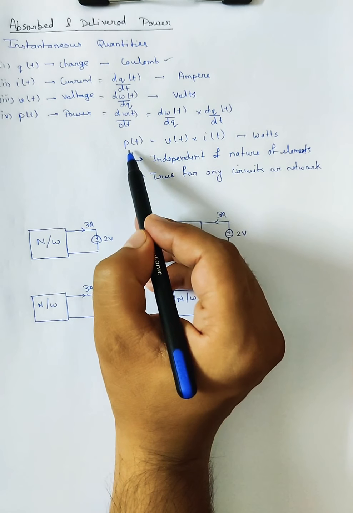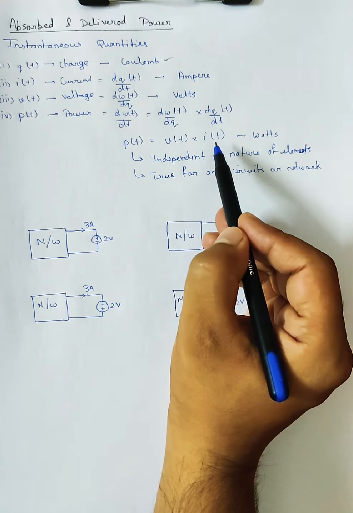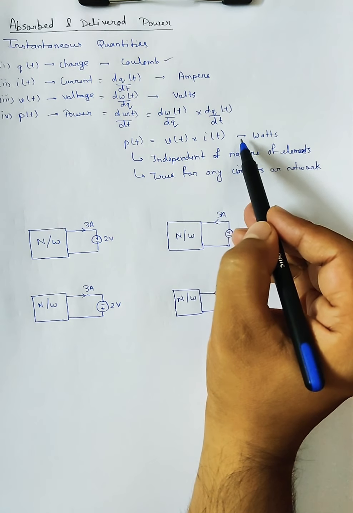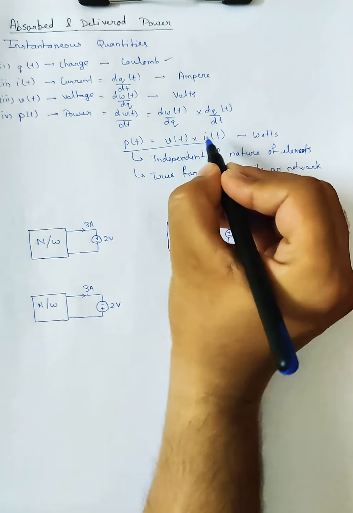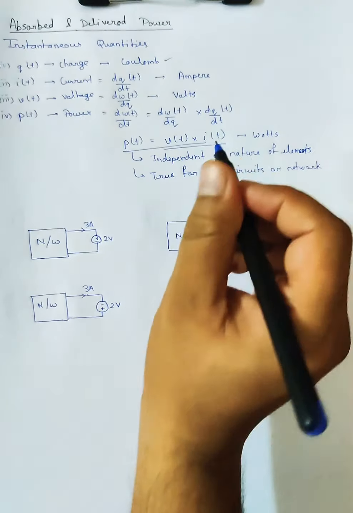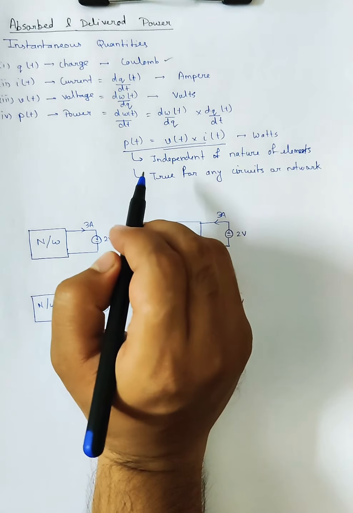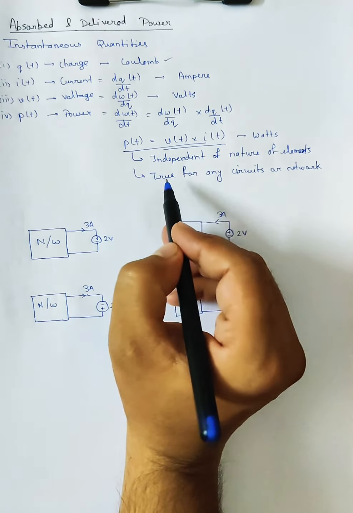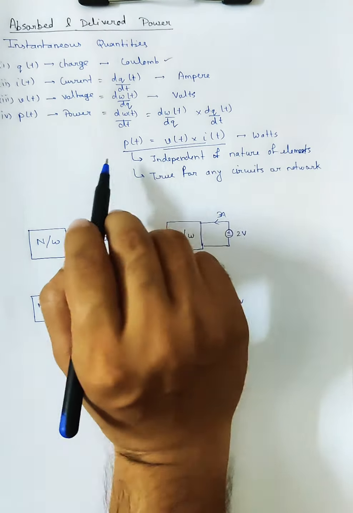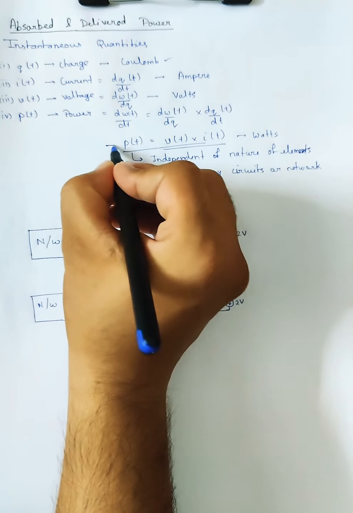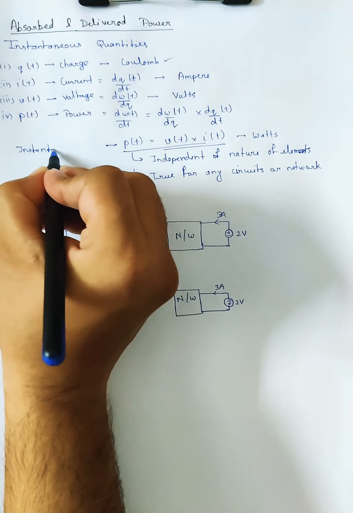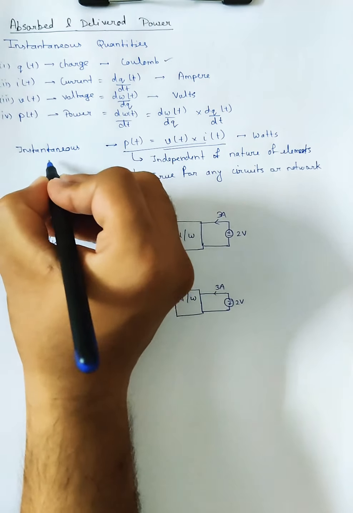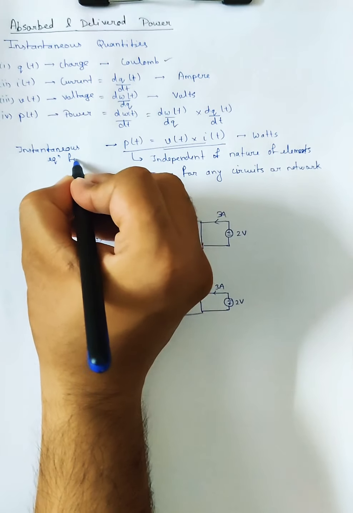So power can be written as p(t) is equal to v(t) into i(t), and its SI unit is watts. This equation of power is independent of the nature of elements, and it holds true for any circuit or network. This is the instantaneous equation for power.